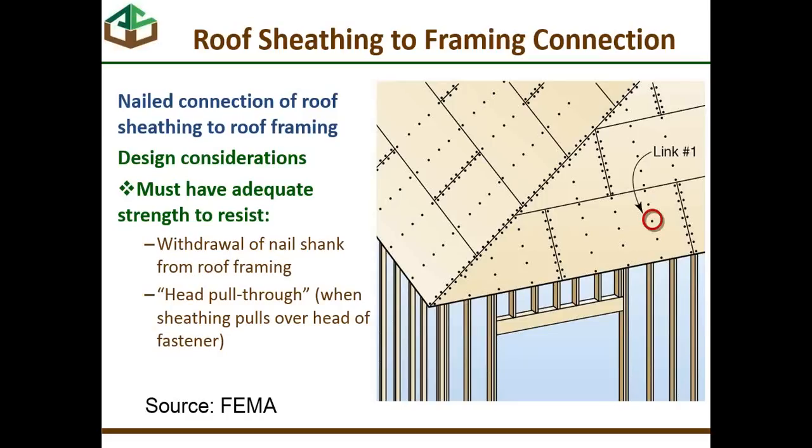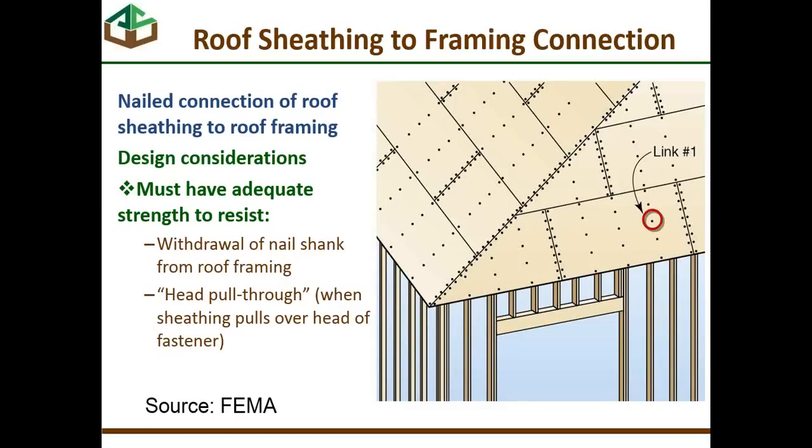The design considerations about this particular start in the load path are that that connection, that nail typically, needs to have enough strength to resist withdrawal of the nail from the framing or a head pull-through or pull-over when the sheathing pulls up over the head of the fastener. So typically that means the nail can't be overdriven.